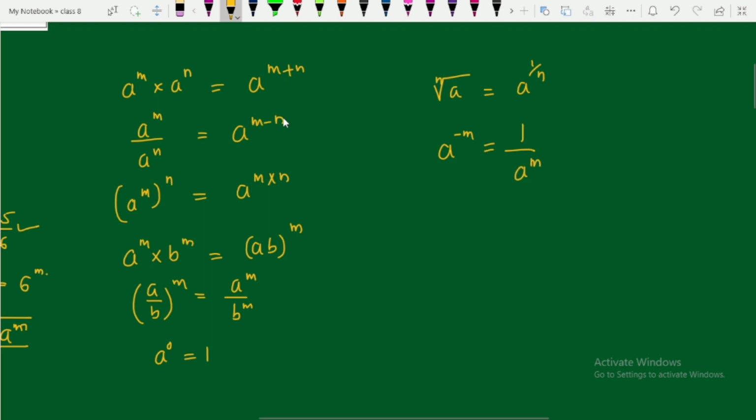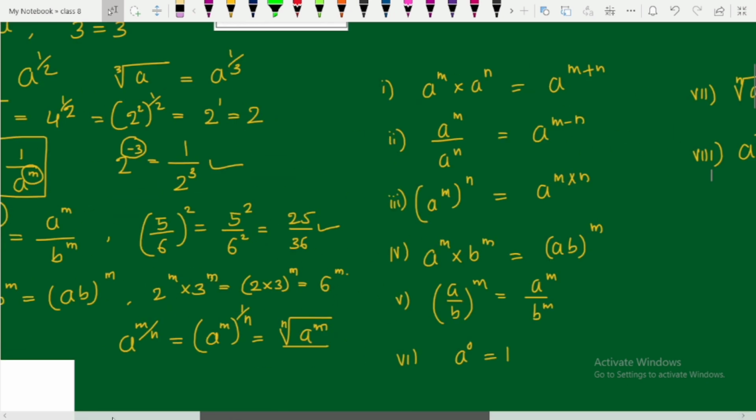So these are the laws which you seen, and you have to remember these laws while solving the laws of exponents. Okay, this is 6th, this one is 7th, and this one is 8th. Okay, these are the laws which you require when you are solving the sums.